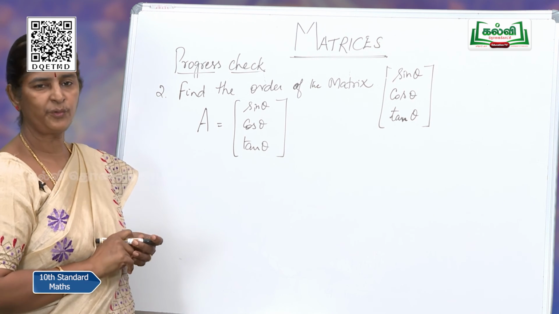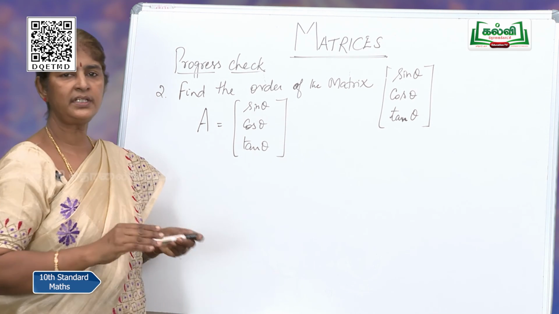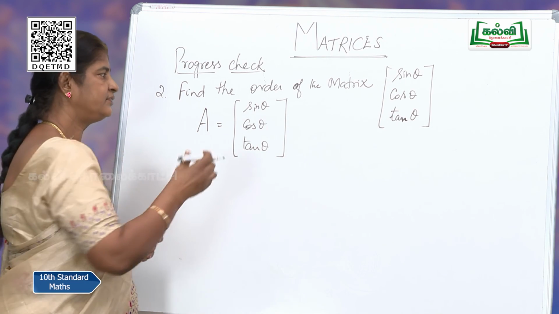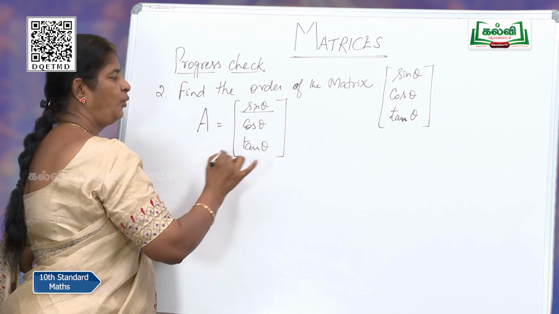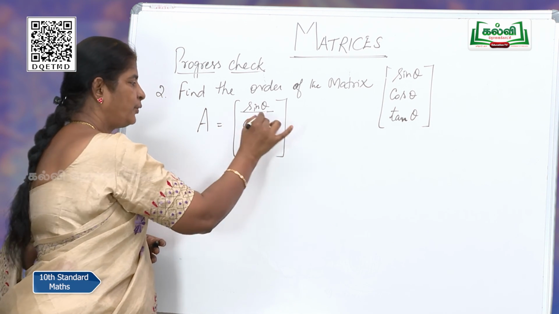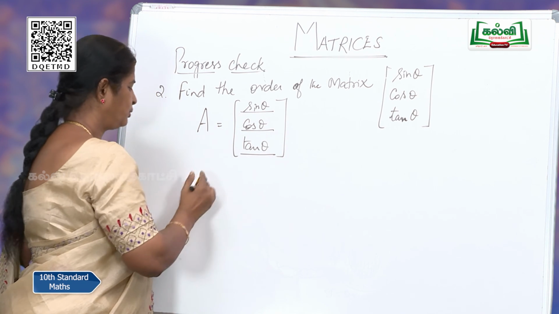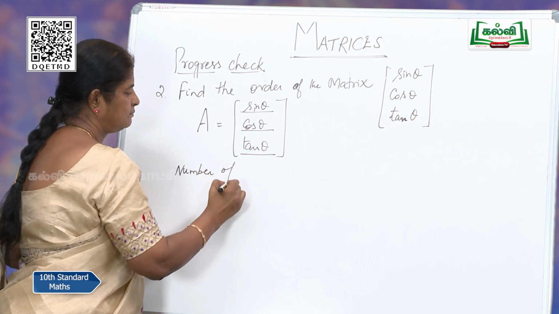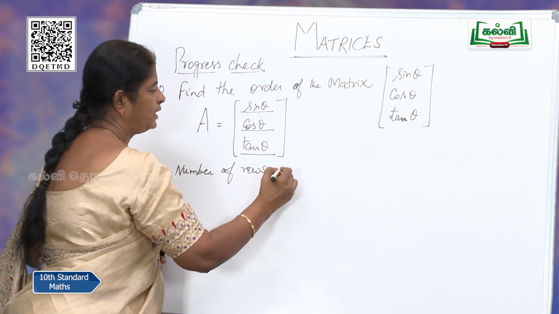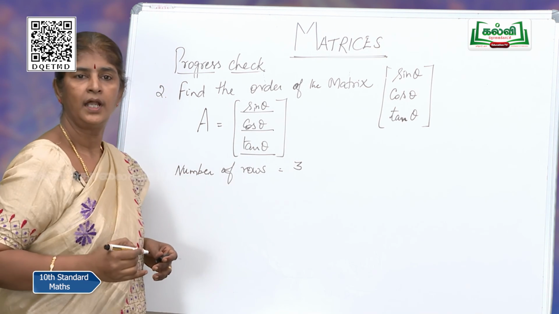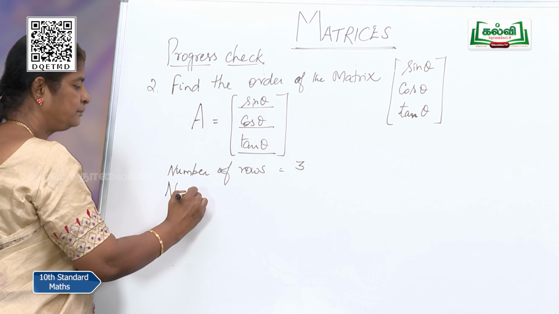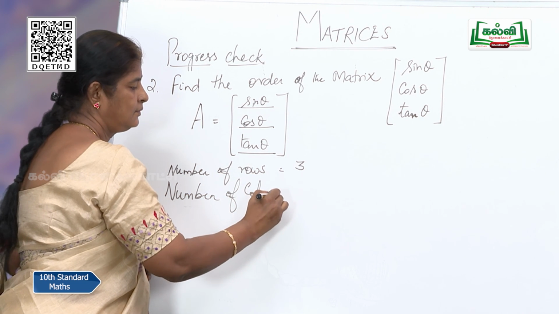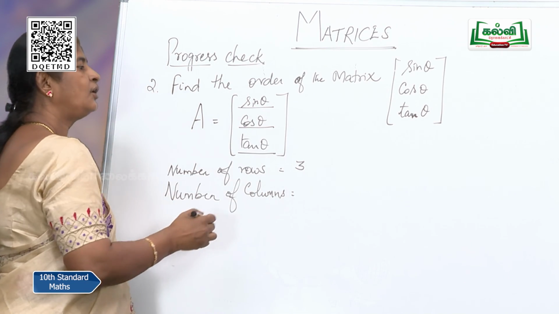Now, how many rows are there here? Whenever they are asking the order, we must see how many rows and how many columns. That is the first thing. So, horizontally we have one row, second row and third row. So, the number of rows is 3. And we should see the number of columns.